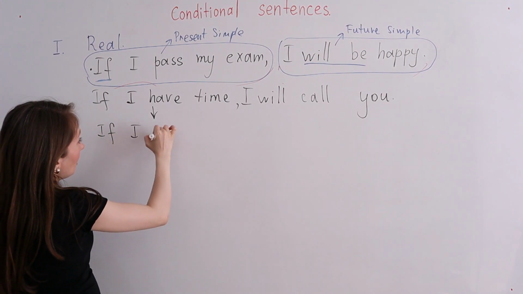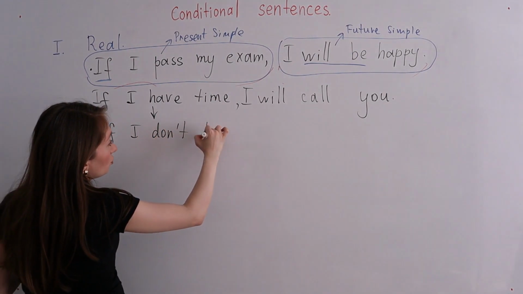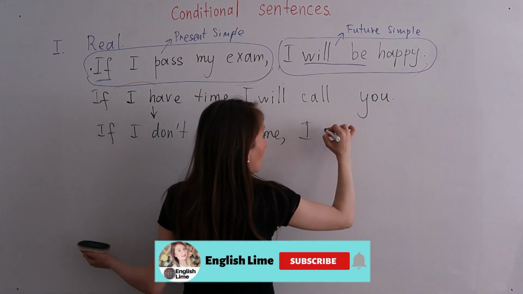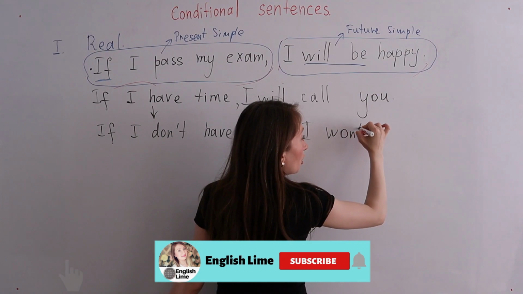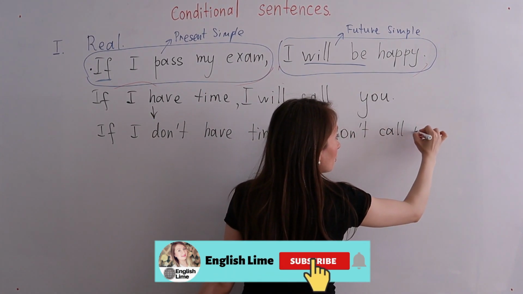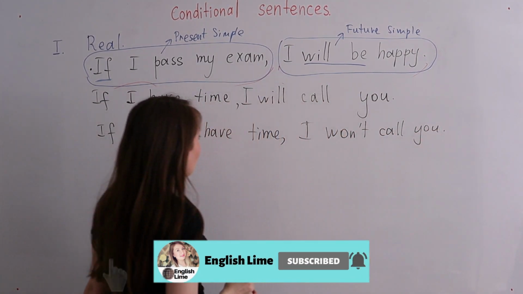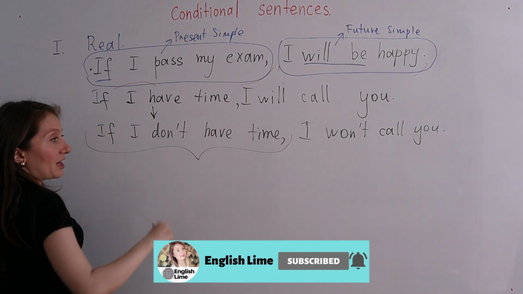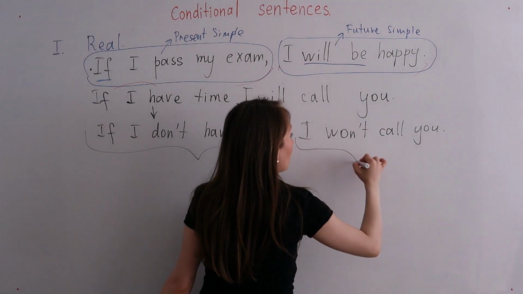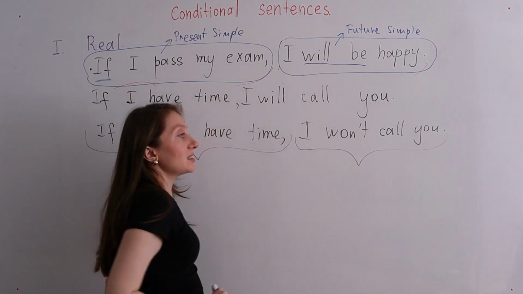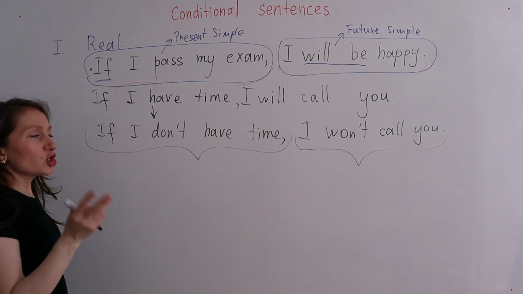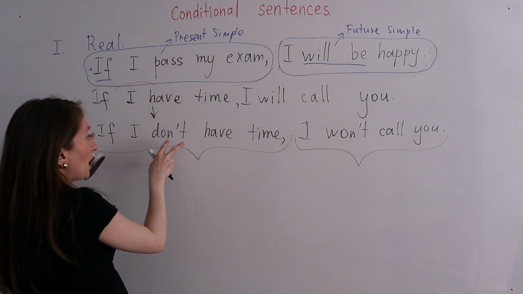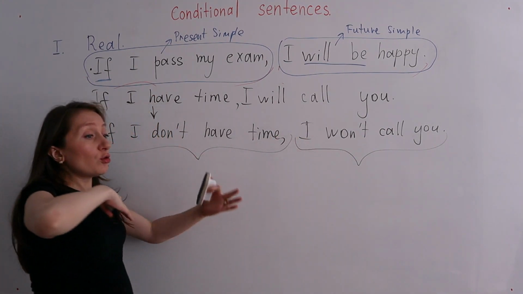If I don't have time, I will not, short, I won't call you. So you have the condition here: if I don't have time, and we have the main clause, the main sentence, I won't call you. It can be positive, negative, or negative, positive. You can change it.